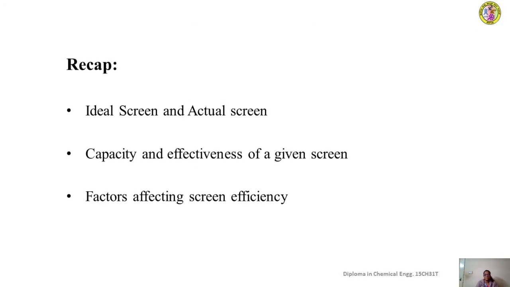Before we start our present session, let us quickly recall what we learned in the previous session. In the previous class, we talked about the ideal screen and actual screen, what they are, and the differences between these two terms.